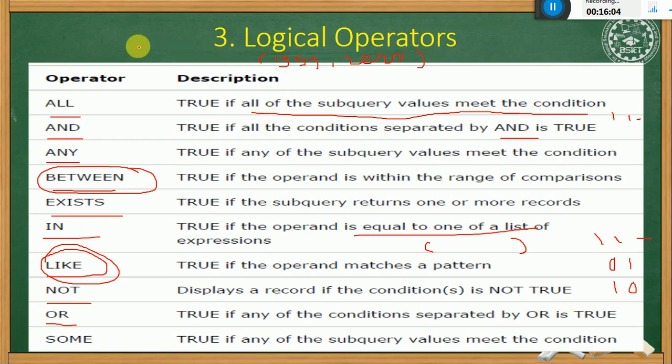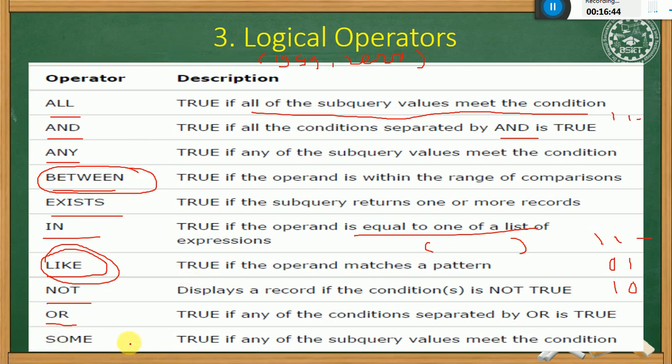For example, select star from student where roll number is equal to 10 or marks is equal to 50. I will once again repeat the query: select star from student where roll number is equal to 10 or marks is equal to 50. So it will display the record of roll number 10 as well as the students having marks 50.